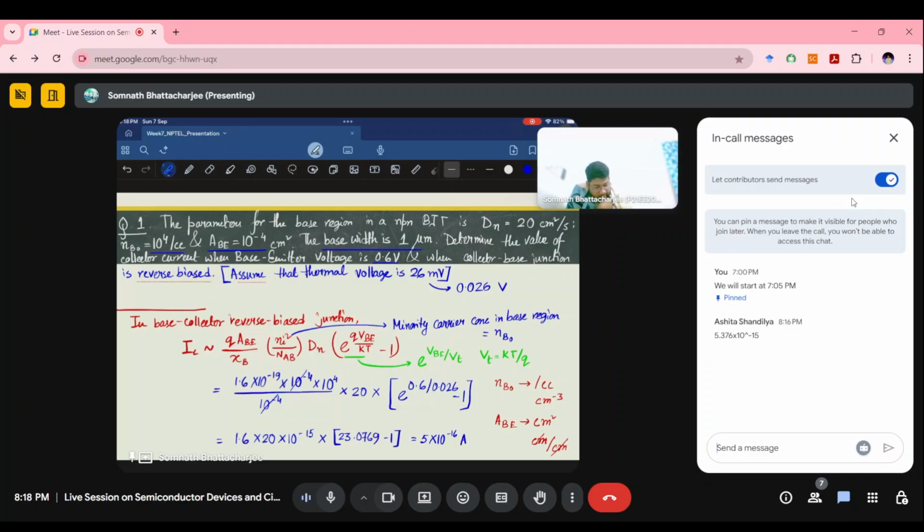23.0769. And if we are subtracting 1, so what was it? 0.6 divided by 0.026. Exponential of this is, no, wait a second, 0.6 divided by 0.026 is this. Exponential of this, okay, sorry.